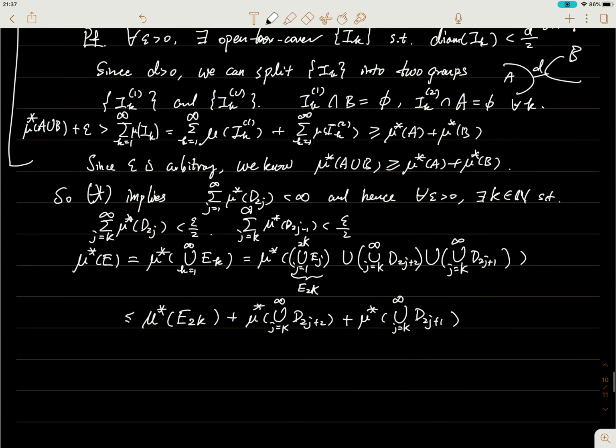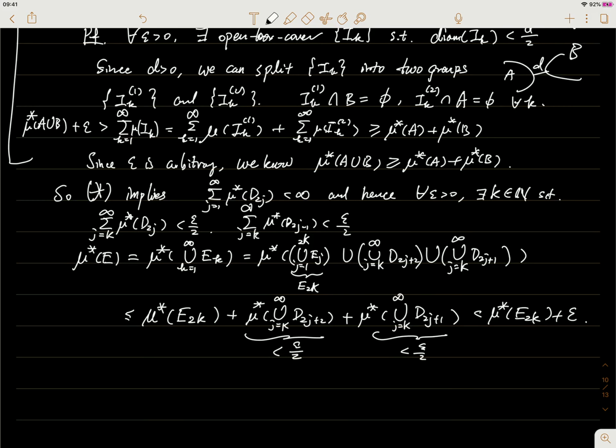We showed that this part is less than half epsilon, and this part is also less than half epsilon. So the whole thing is less than mu star of E2K plus epsilon. So what we showed so far is that mu star of E is less than or equal to this.